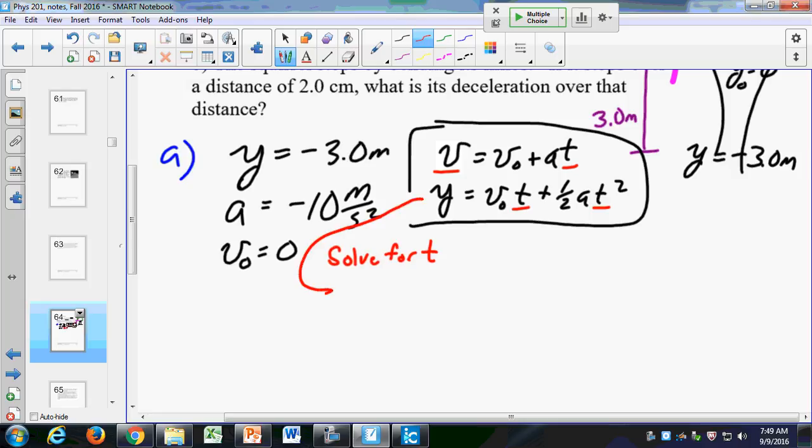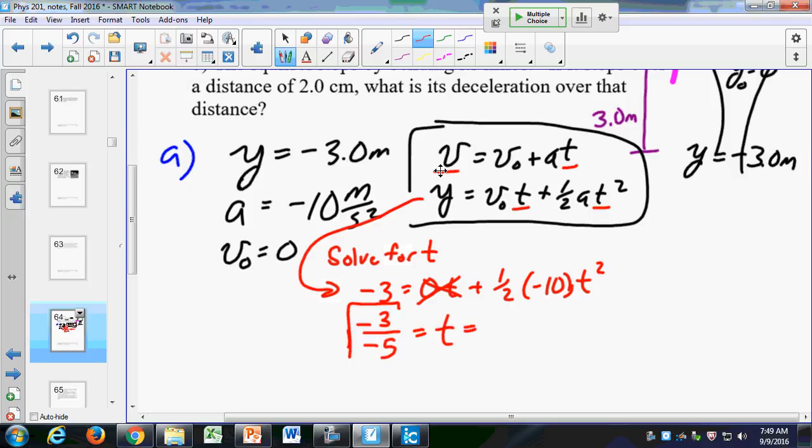Using this equation, I say negative 3 equals 0 times t plus 1/2 negative 10 times t squared. This term goes away. I get negative 3 divided by negative 5. Square root of that is going to equal t. And that's going to be 0.77 seconds.